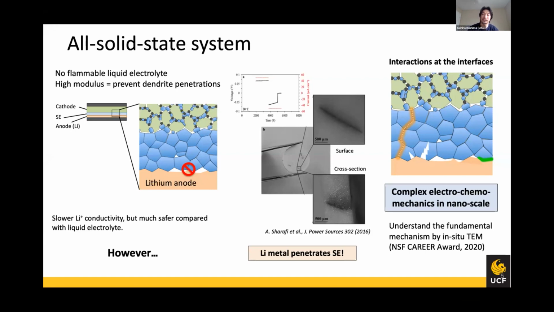And you may also see some phase changes at the interface between this solid electrolyte and very reactive lithium metal. So my near-term goal is to understand the fundamental mechanics of this complex electrochemical phenomenon at the nanoscale. And this was awarded an NSF CAREER Award this year.